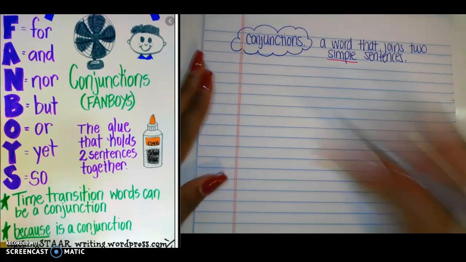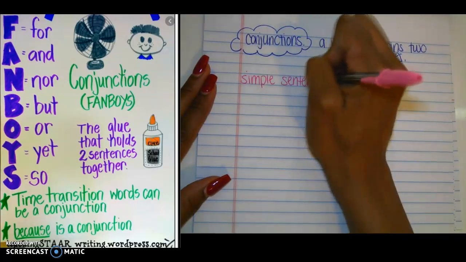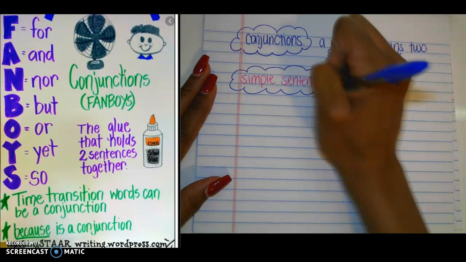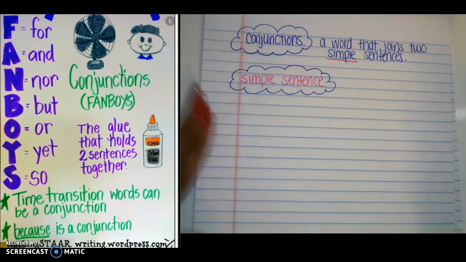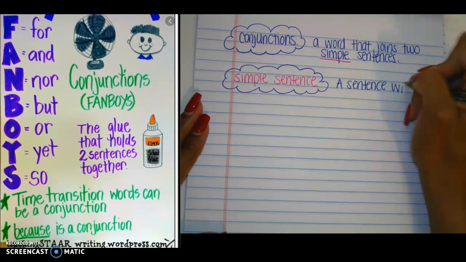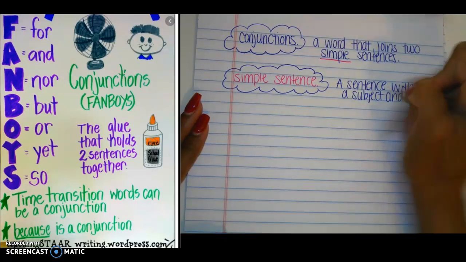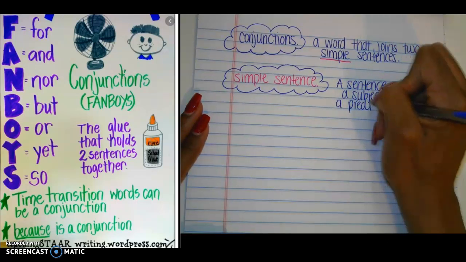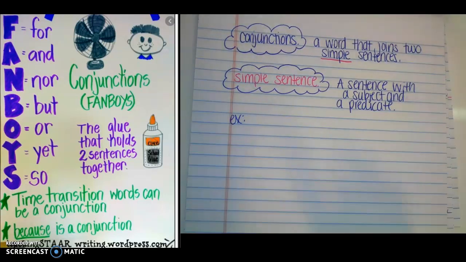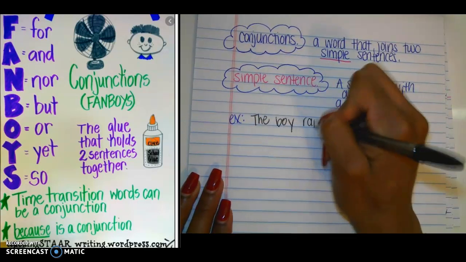What is a simple sentence? A simple sentence is a sentence that is made up of just a subject and a predicate. So, for example, the boy ran home.